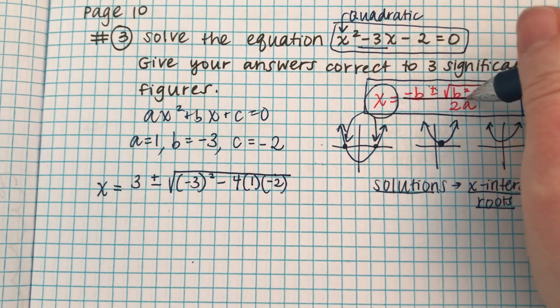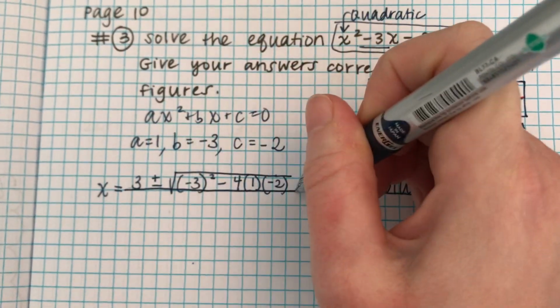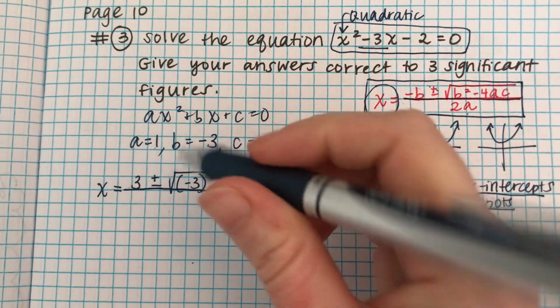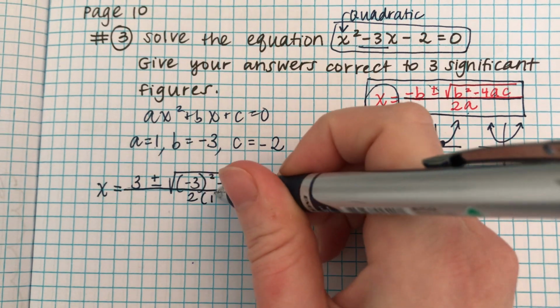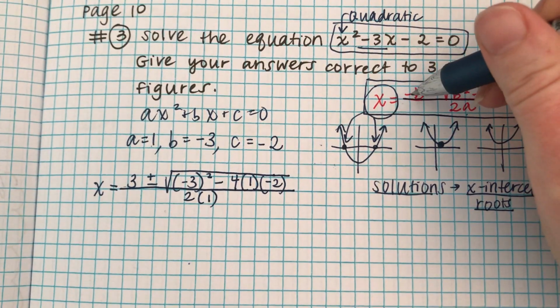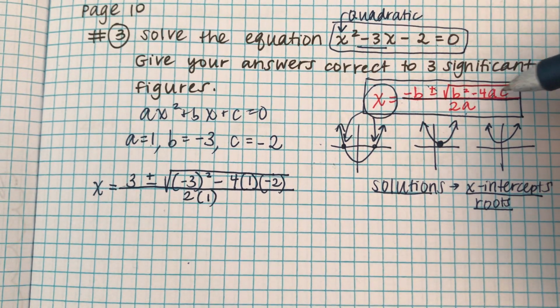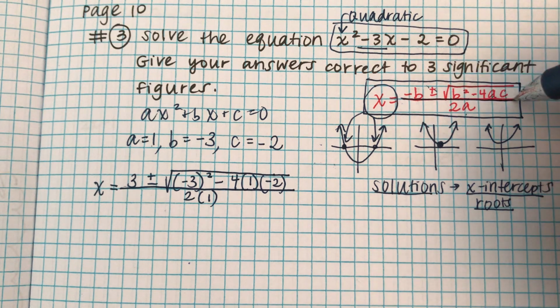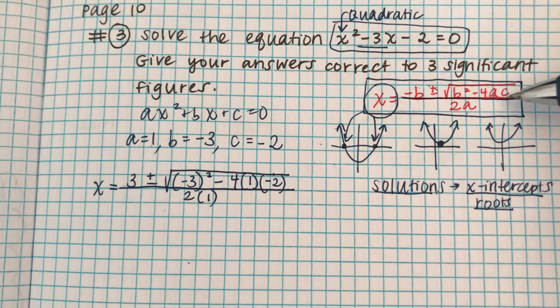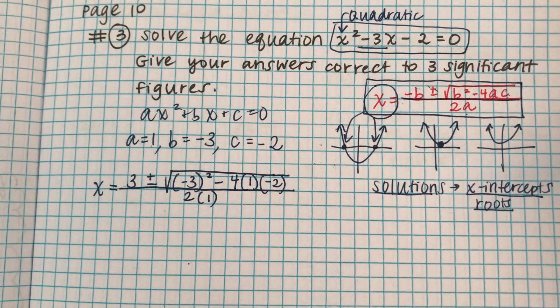This fraction line means that everything on the top is divided by 2 times the number a, which is 1. Normally we would say negative b plus or minus the square root of b squared minus 4ac all over 2a. Everything on the top is divided by 2 times the number or letter a.